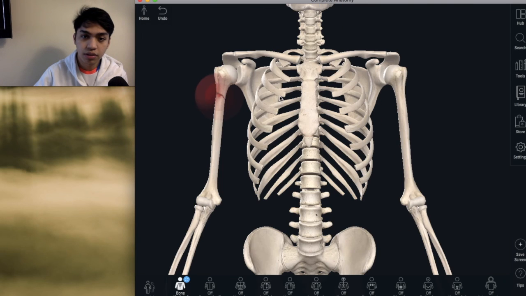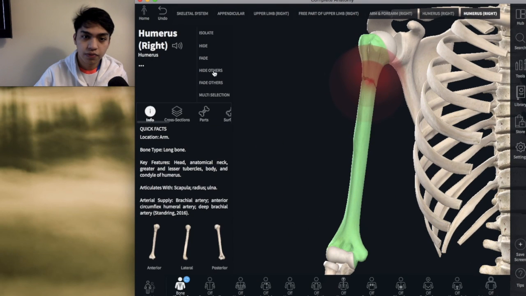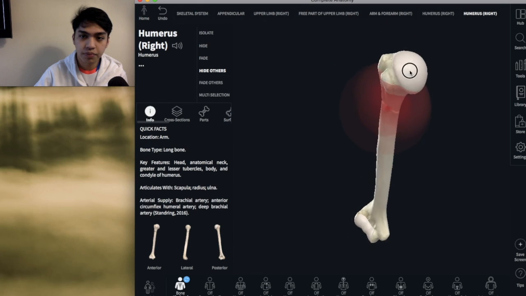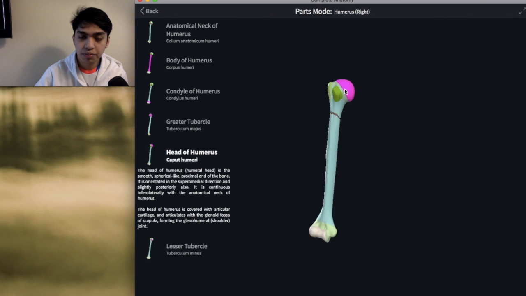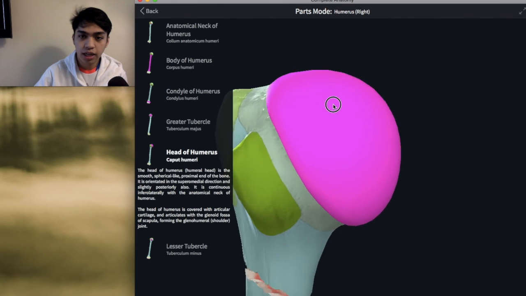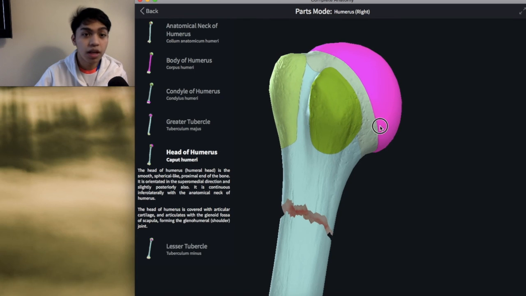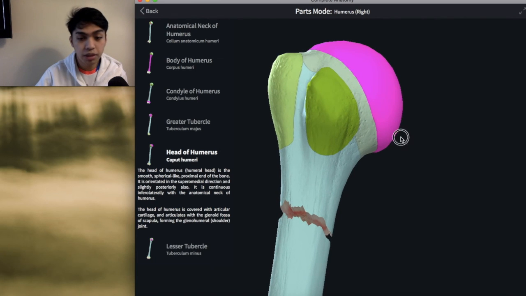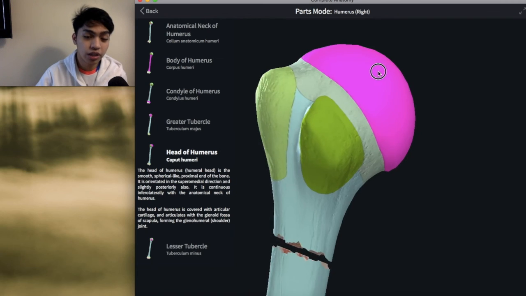Okay, let's isolate that. Okay, now the head of the humerus, yan, which is highlighted in pink. Again, it is the smooth spherical bulge at the proximal end of the bone, which articulates with the glenoid fossa, along with the help of course of the shoulder joint.